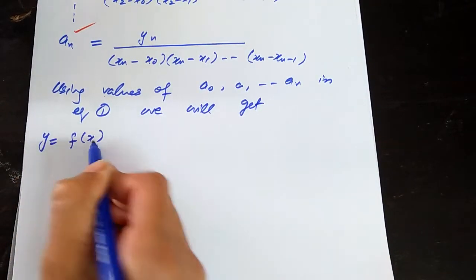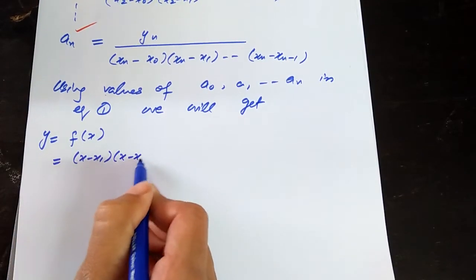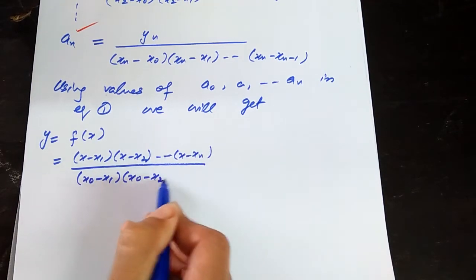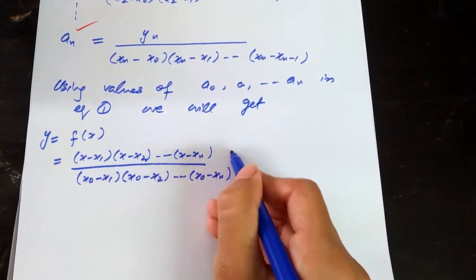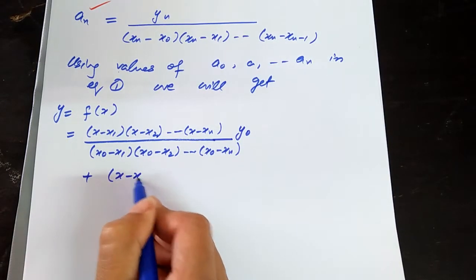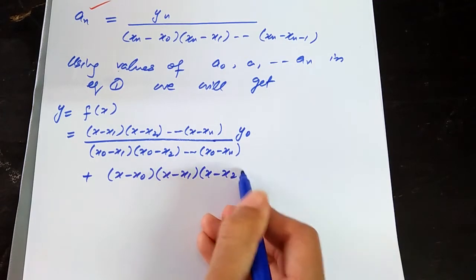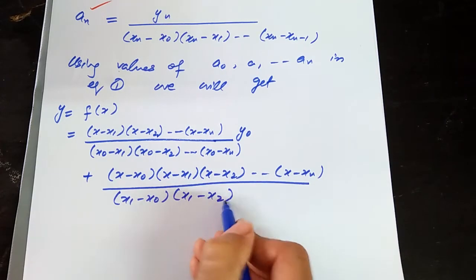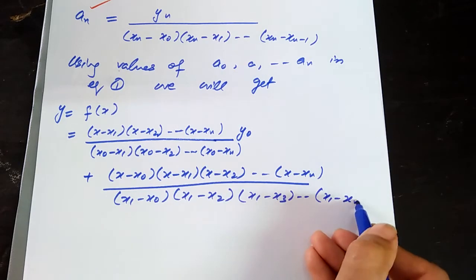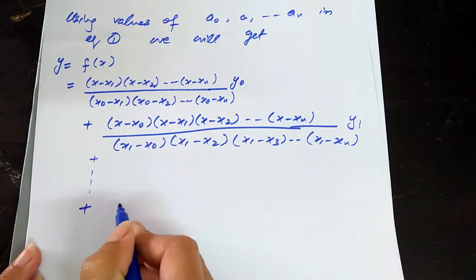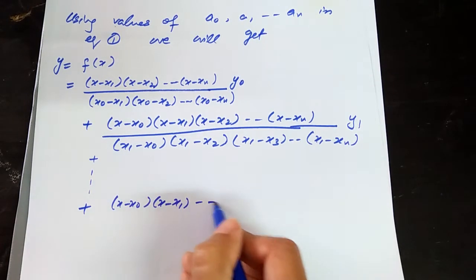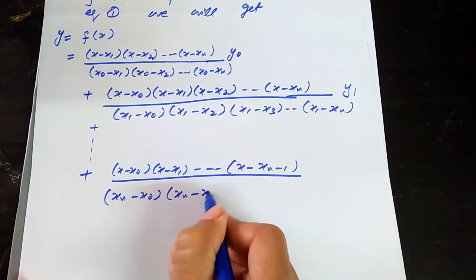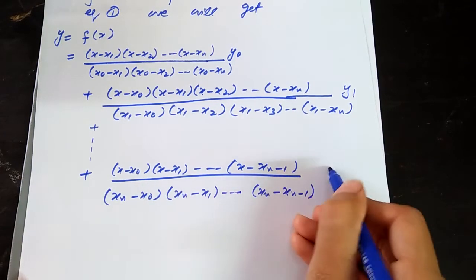y equals f of x equals (x minus x1)(x minus x2) up to (x minus xn) divided by (x0 minus x1)(x0 minus x2) up to (x0 minus xn) times y0, plus (x minus x0)(x minus x2) up to (x minus xn) divided by (x1 minus x0)(x1 minus x2)(x1 minus x3) up to (x1 minus xn) times y1, plus up to so on until (x minus x0)(x minus x1) up to (x minus xn minus 1) divided by (xn minus x0)(xn minus x1) up to (xn minus xn minus 1) times yn.